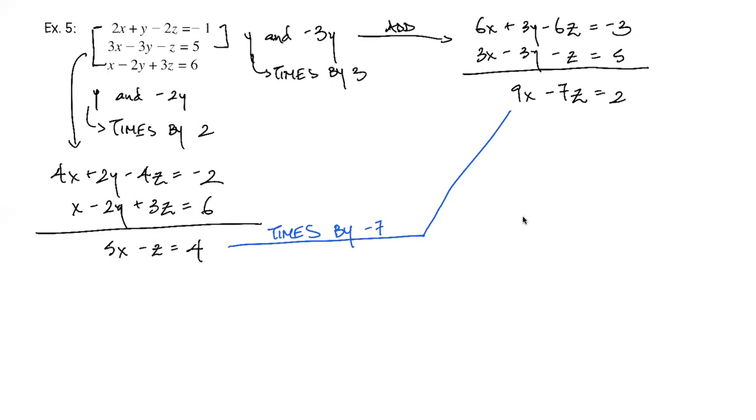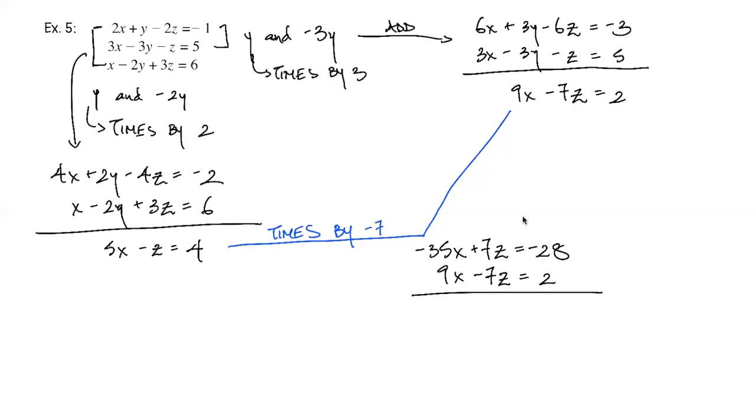That's going to give me negative 35x plus 7z equals negative 28. And let's stack that on top of the other one. 9x minus 7z equals 2. And let's see what we get.